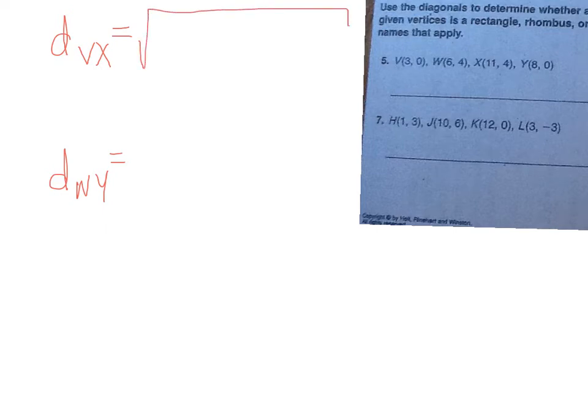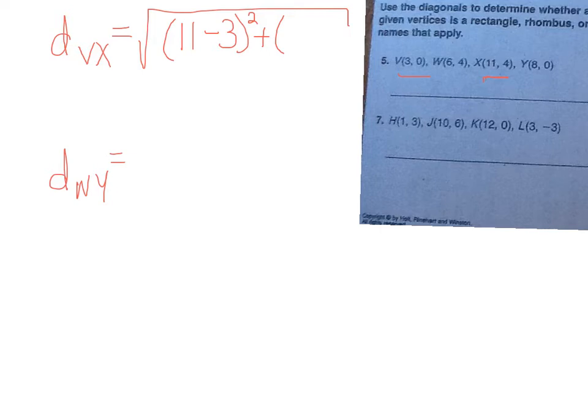So help me out on getting the distance of VX. So that should be the square root of what? What should I put first in the distance formula? 11 minus 3. Okay, so 11 minus 3 quantity squared plus what?